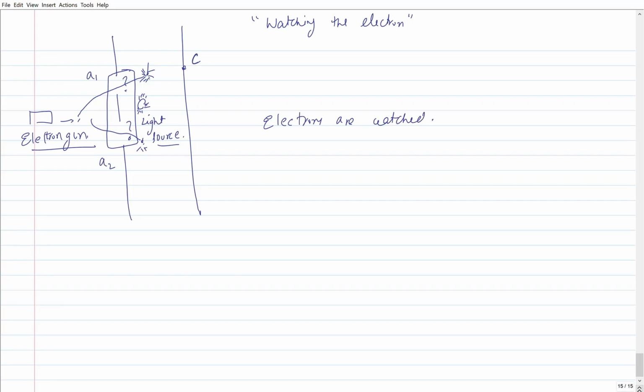So in this scenario, what are my observations? Well, I observe that there is a flash of light either at hole 1 or hole 2, but never simultaneously.